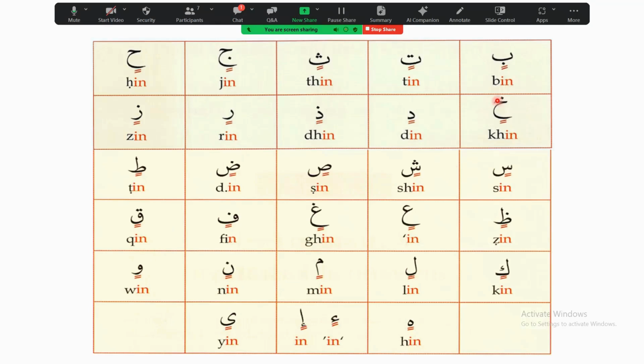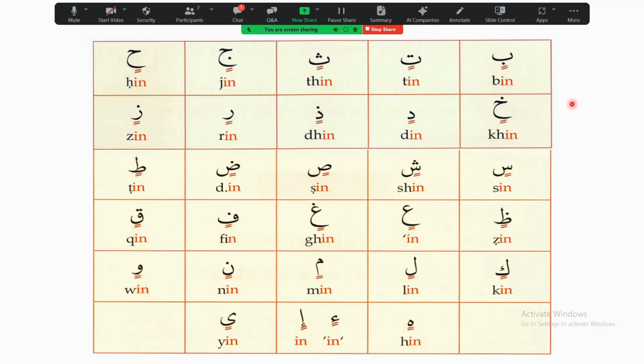The ba letter with kasratain, the tanween of kasra, we say bin, the in sound attached of kasratain, bin. The next one is thin, jin, hin, right? This ha letter is from the middle portion of the throat and makes an airy sound, and we say hin.